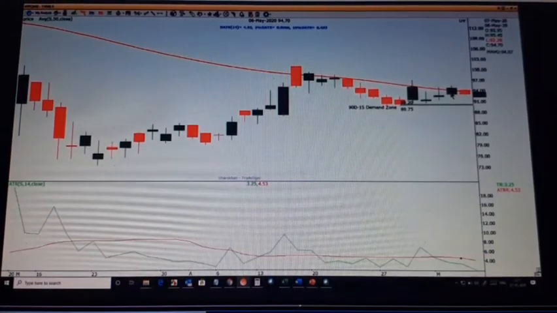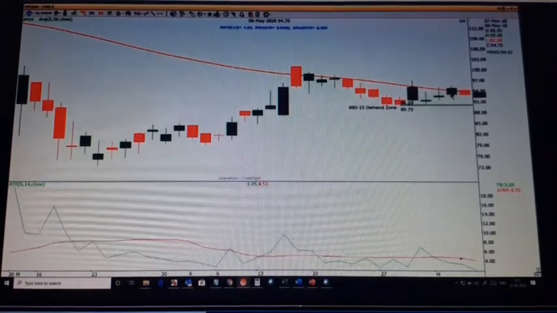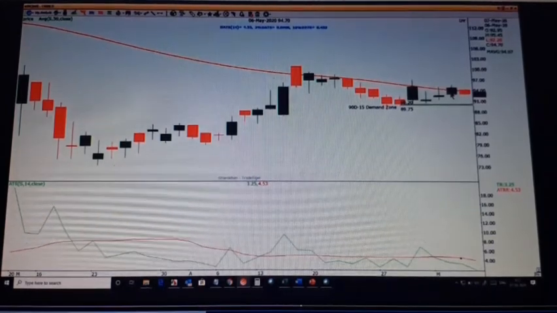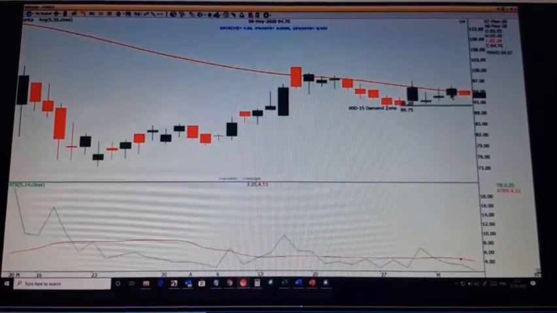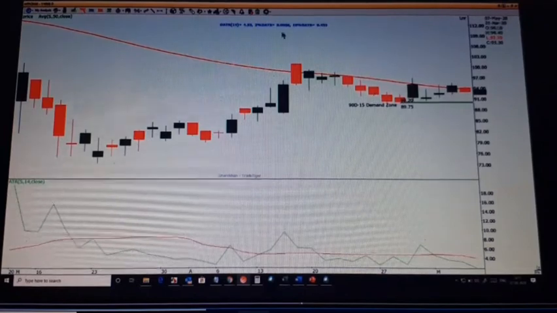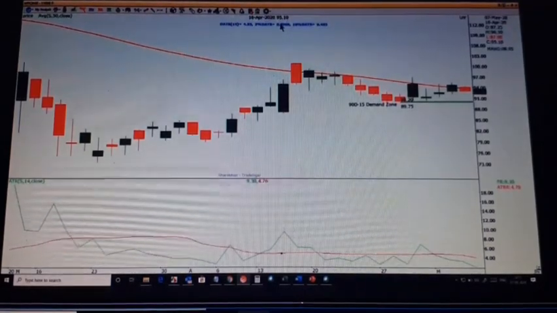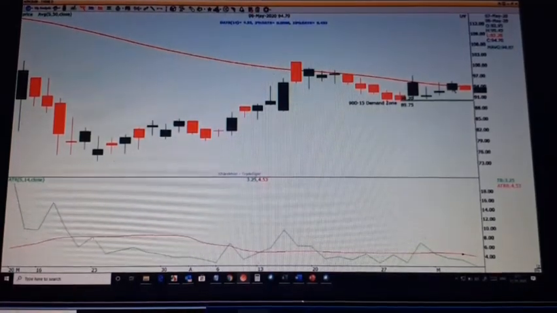So 4.5, the 10% will be around 0.45. So 1% will be 0.04, so 2% will be something around 0.09. That's the value, right? So you can just take it 0.10. You have to look for the previous day's ATR.